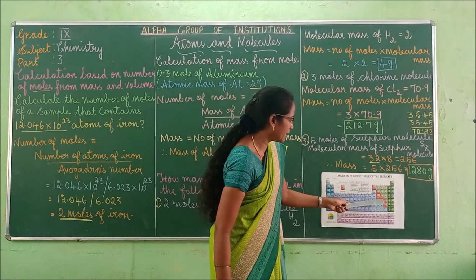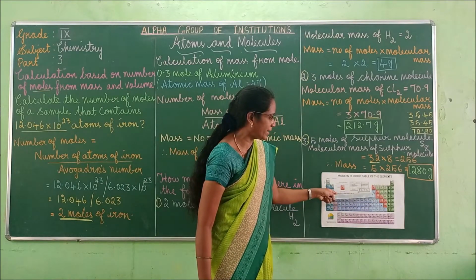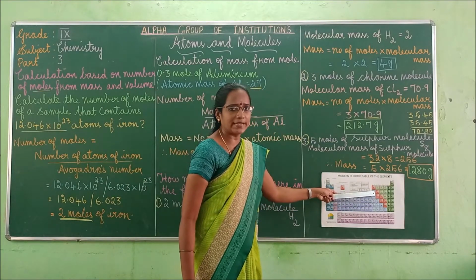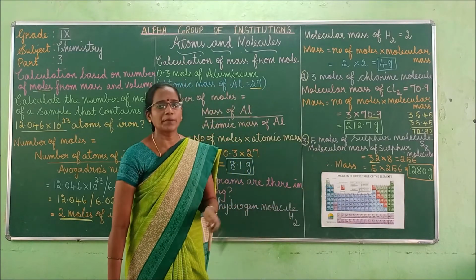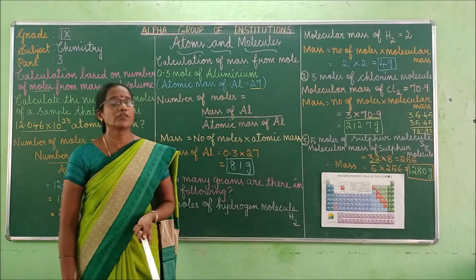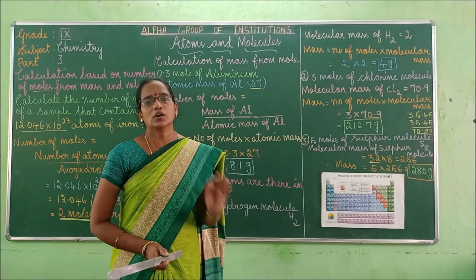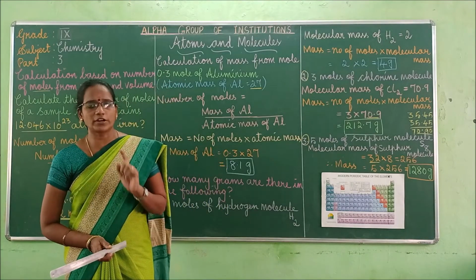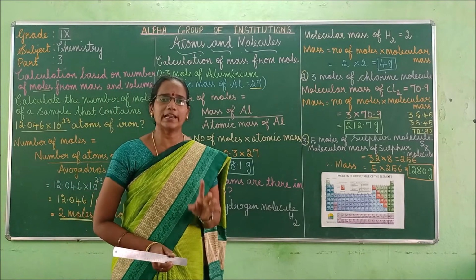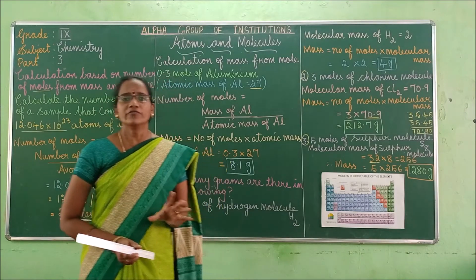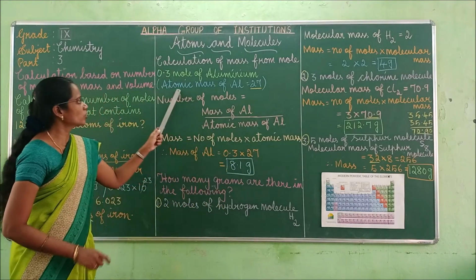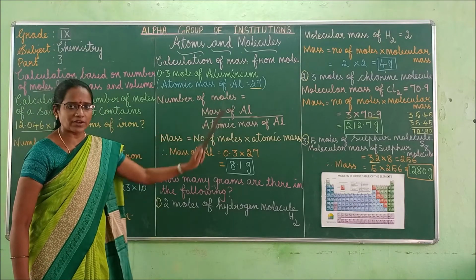So where is aluminium? See, here is the aluminium element. Its atomic mass is 27. Sometimes atomic mass will be given in the question itself, but many times they won't give you. You have to know the atomic mass. Already I told you, you should familiarize the atomic mass of the first 20 elements, right? Okay, so in the question atomic mass is given for aluminium.